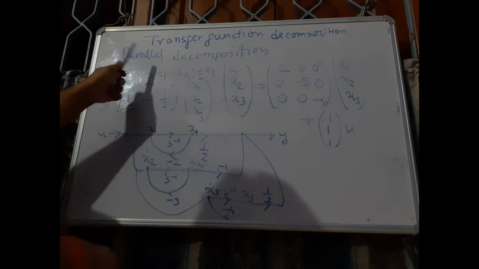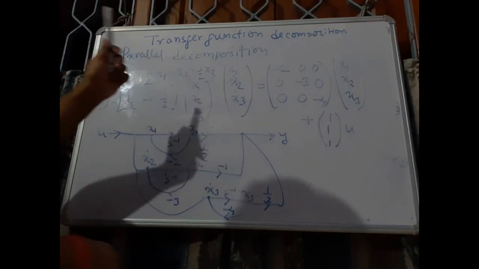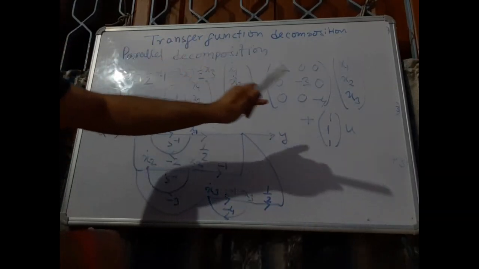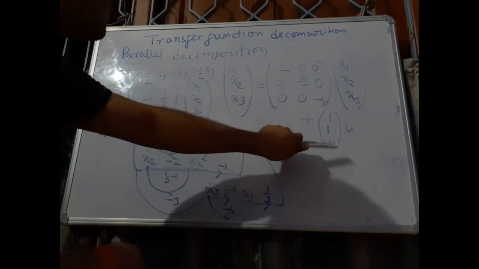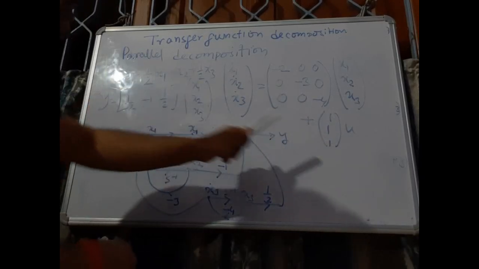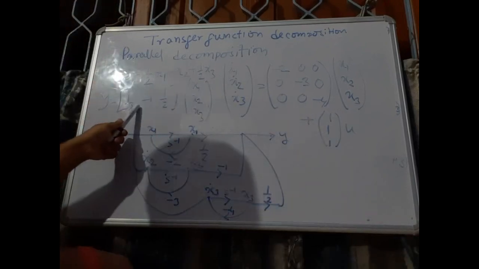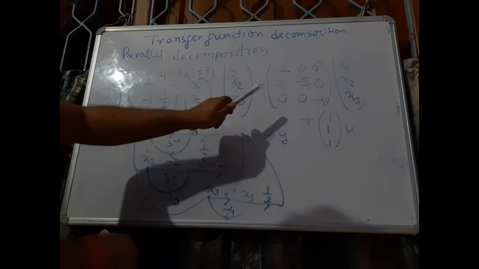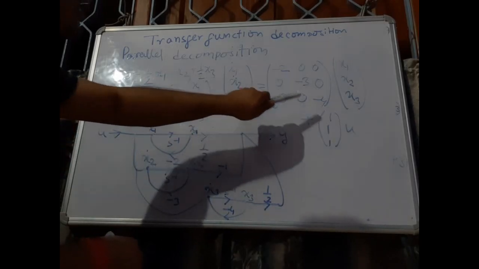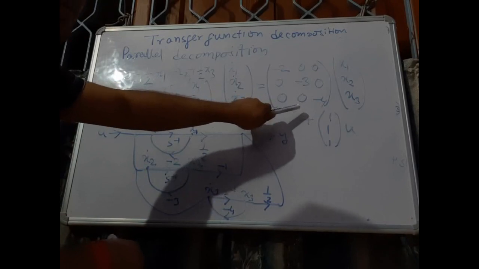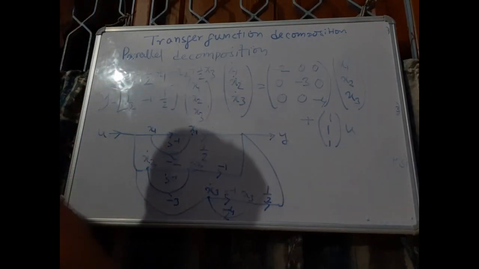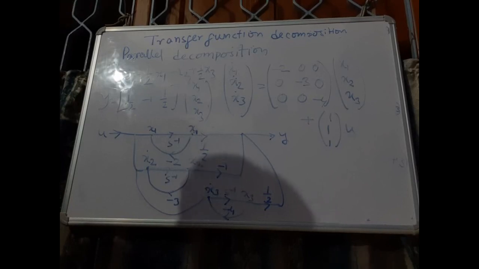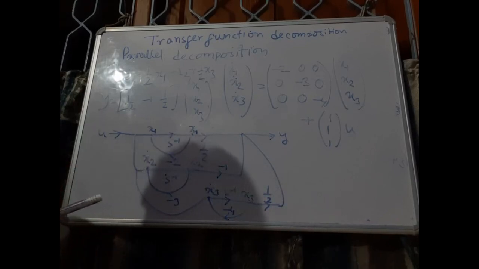So in this decomposition technique, not only is A changed, the B matrix and C matrix are also changed, and there is a very good observation that this A matrix is a diagonal matrix. Okay, so these are the different kinds of transfer function decomposition techniques for state space analysis.